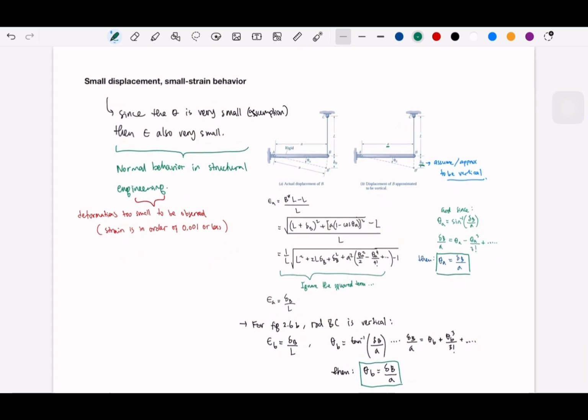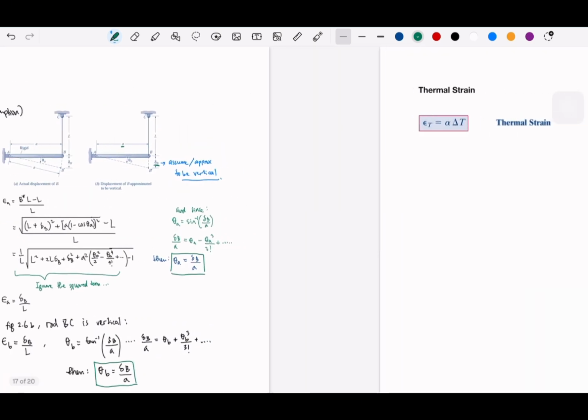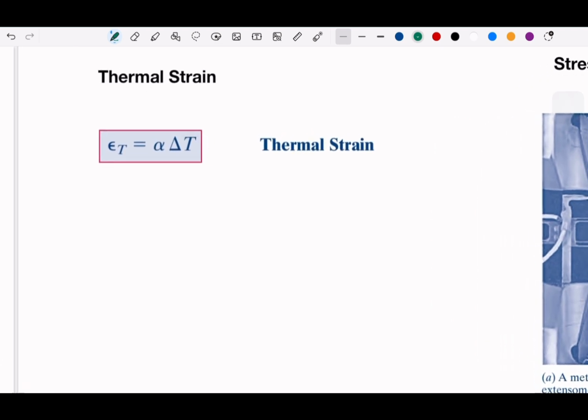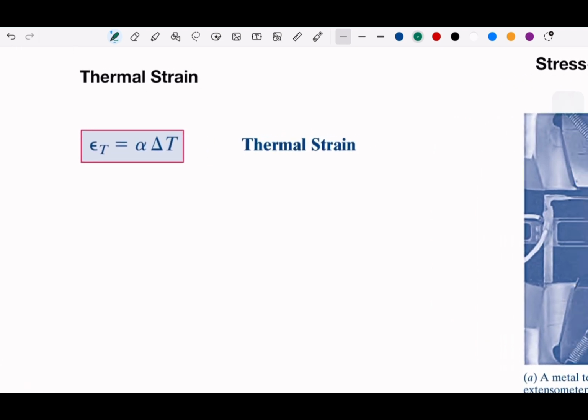Okay. And one more thing on the strain is the thermal strain. This is just a small note.